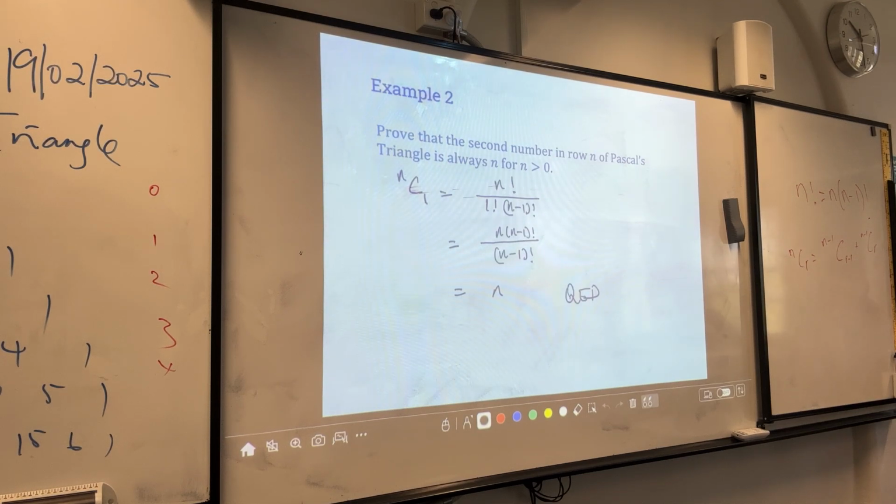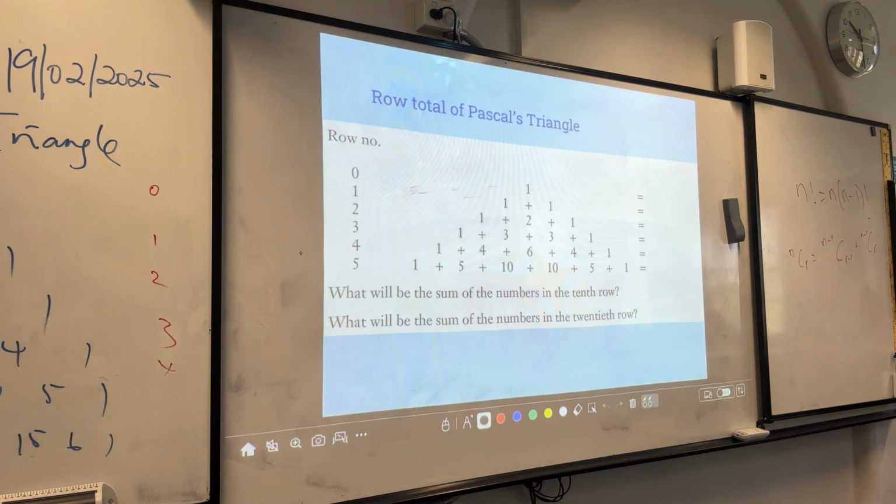now we're going to look at some very interesting properties of a Pascal triangle. Can you do the sum of each row, please? And tell me what your observation is. Very good. So it's 2 to the power of something, correct? 2 to the power of the row number.